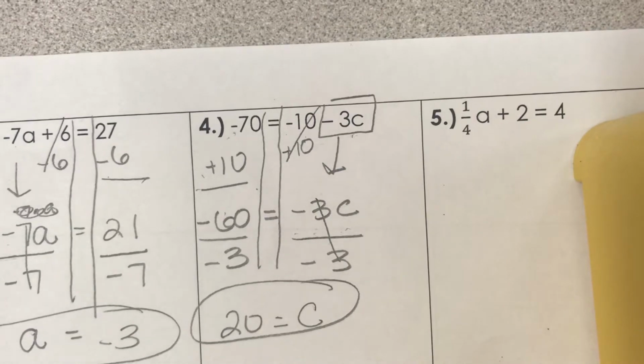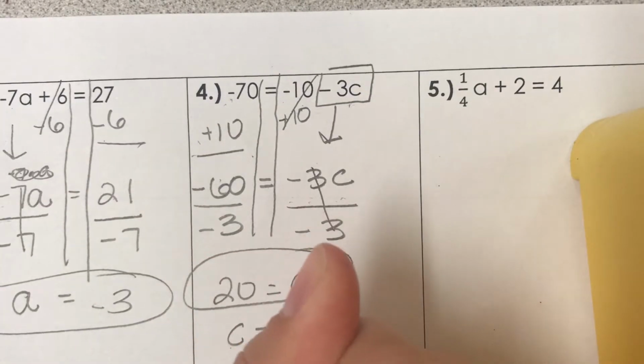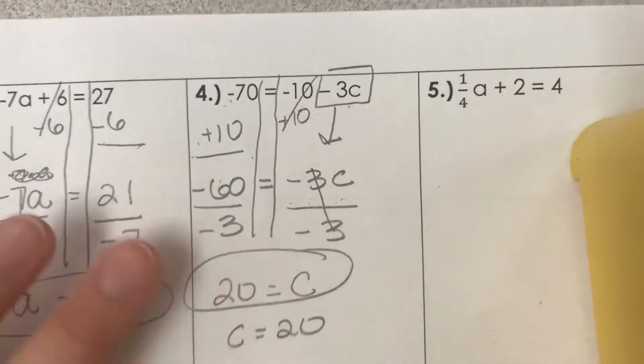It would be okay if you wanted to switch this around and say c equals 20 at the end. That's typically how you would see something like this written.